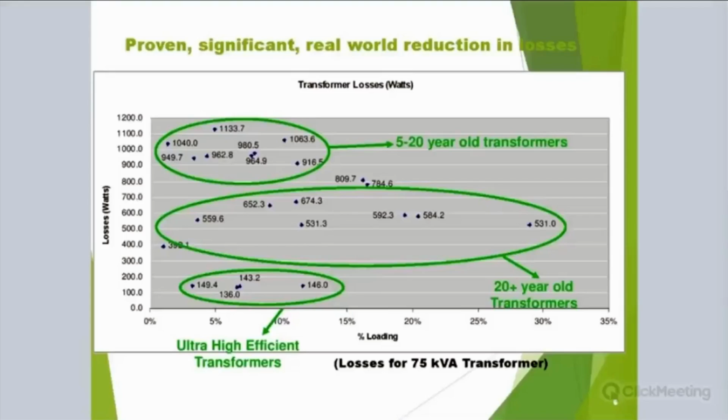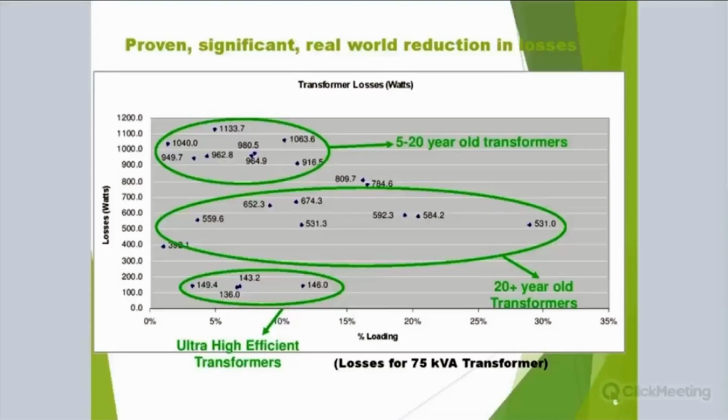And I'll show you in a minute on the curve where the actual loading is and how less efficient the products are at that point. So what we show here is transformers that are 5 to 20 years old typically are the worst performing, have the most losses of all the transformers available, meaning the more current transformers are worse than older transformers, 20 plus years, and are definitely worse than the ultra high efficient transformers.